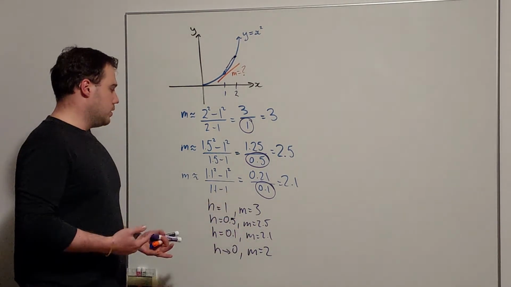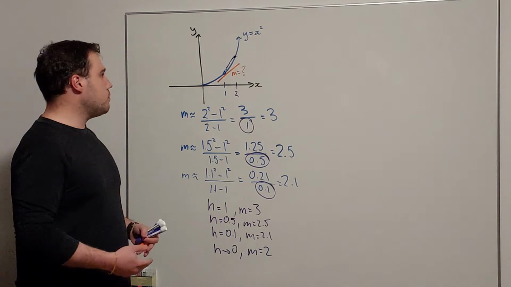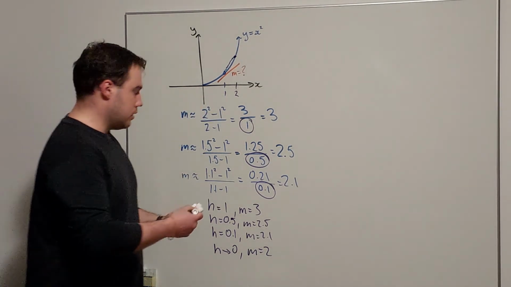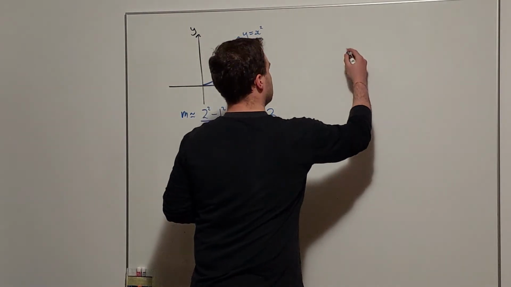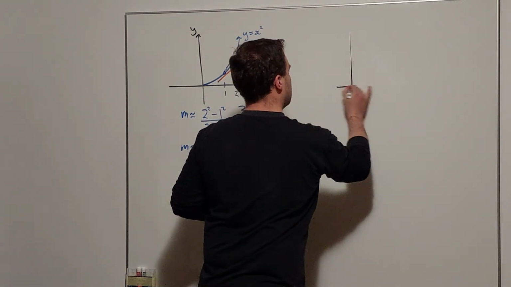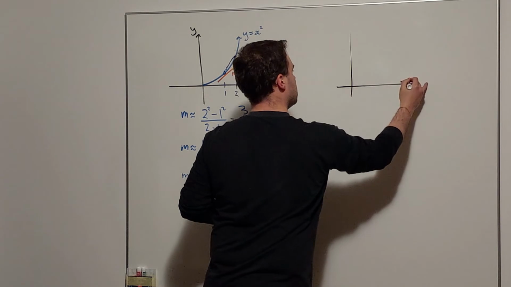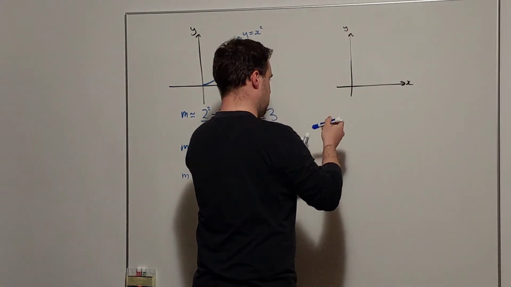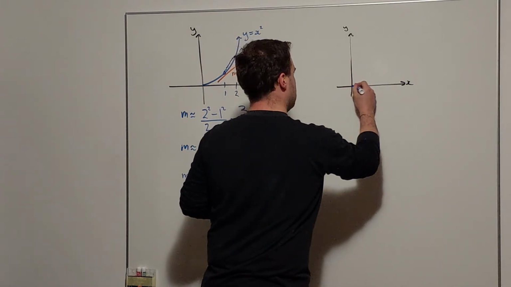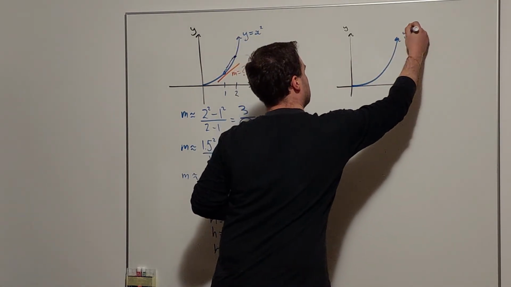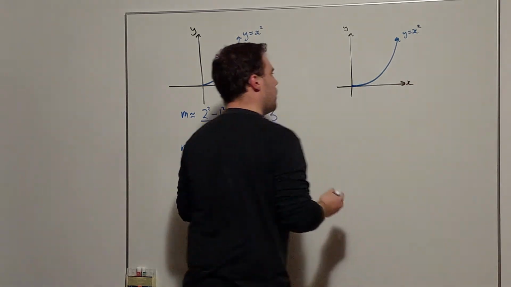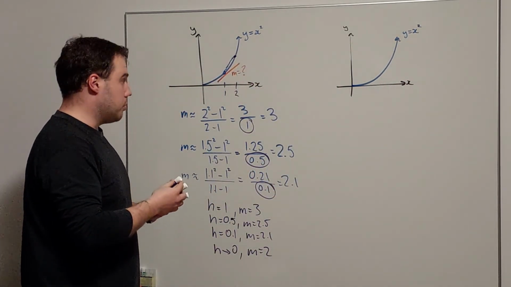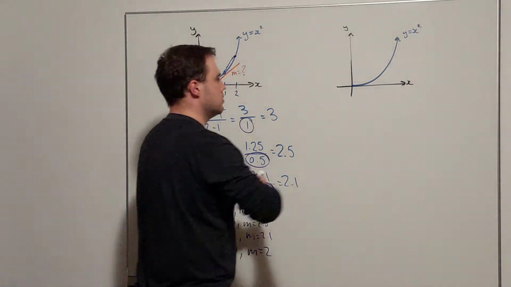So I'm going to do that again, but this time we'll choose a different x coordinate to use. Right? So we'll still keep our basic parabola. And this time I'm going to pick the point when x equals 2.